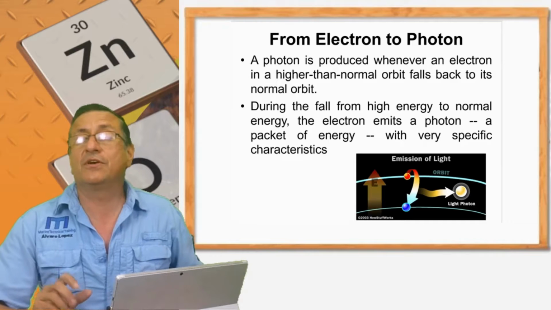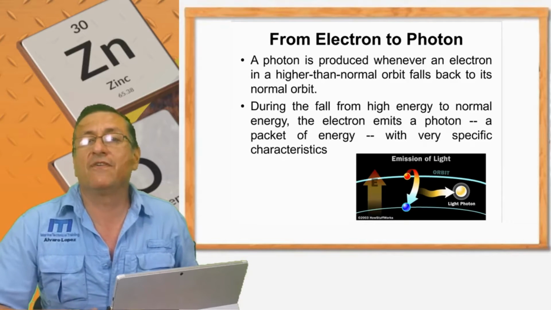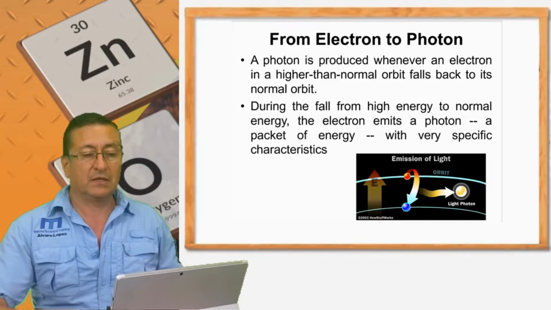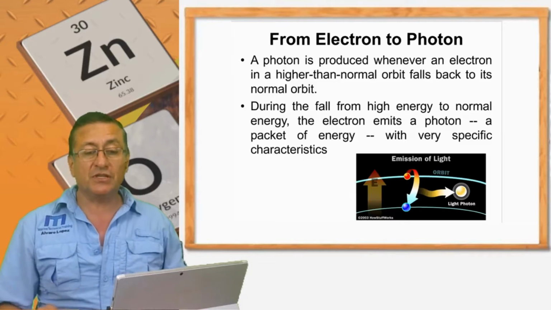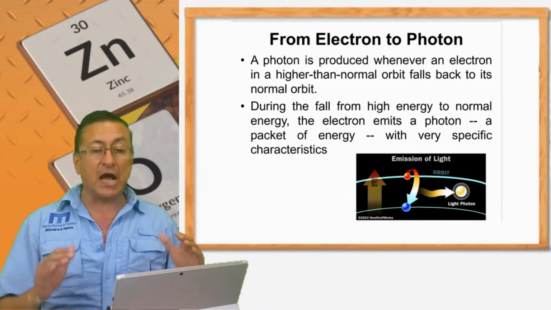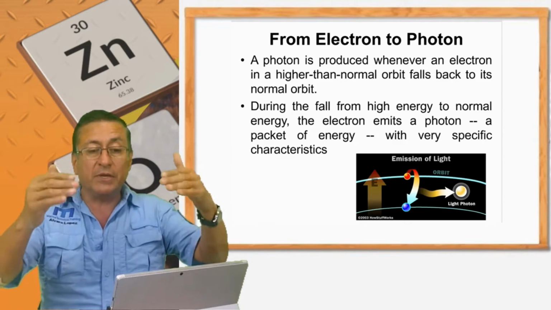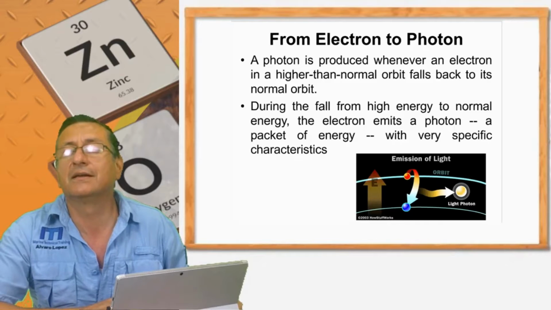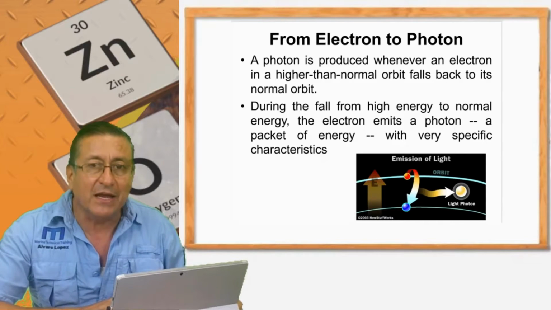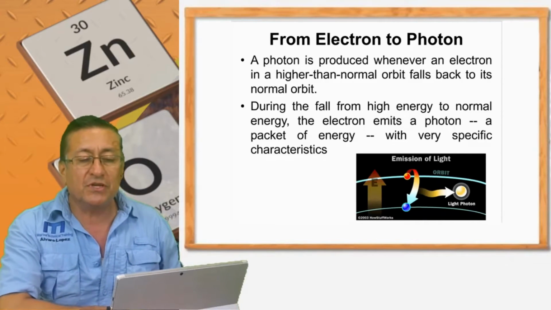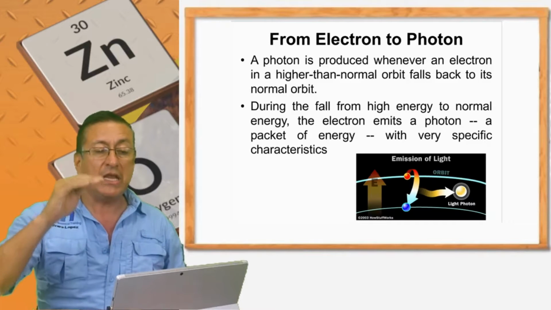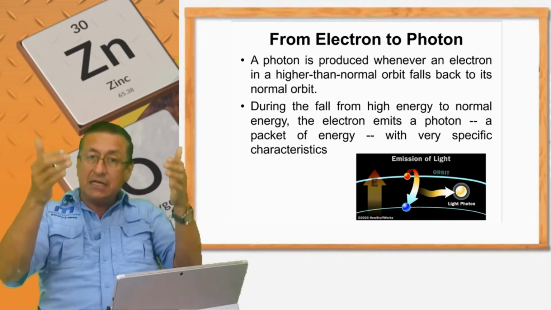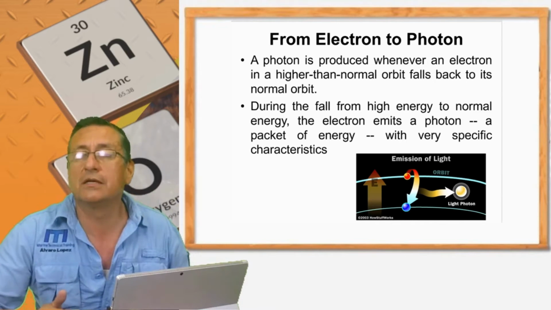According to this, we are going to check the definition of a photon. What is the meaning of a photon? A photon is produced whenever an electron in a higher than normal orbit falls back into the normal orbit. Once again, a photon is produced whenever an electron in a higher than normal orbit falls back into the original orbit.